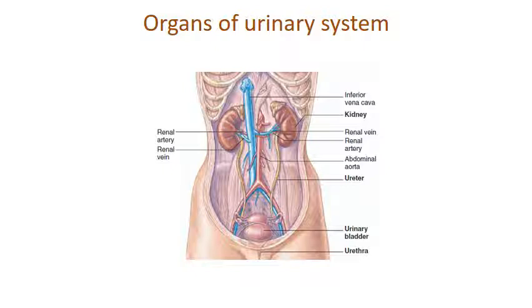This system consists of a number of organs, including a pair of kidneys, a pair of duct-like structures called as ureters, urinary bladder, which is a sac-like structure in which urine is stored till it is passed out of the urinary bladder through a duct or tubular structure called as urethra.